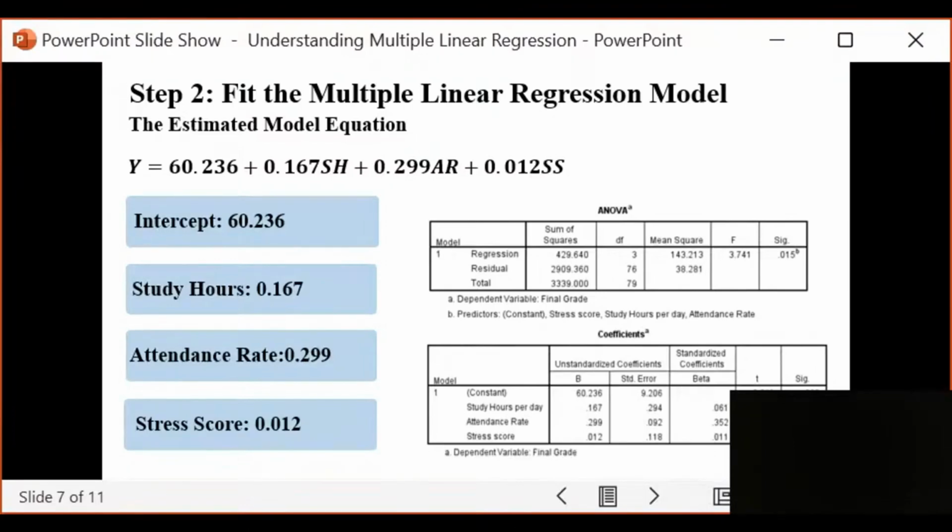Okay. So again, while study hours and stress score are not significant predictors of final grade, if you put all the three in one equation, then the equation fits the data. We can use it to predict final grade.